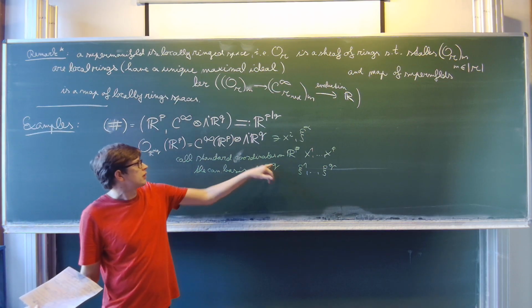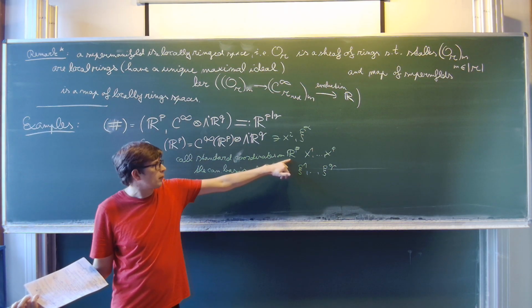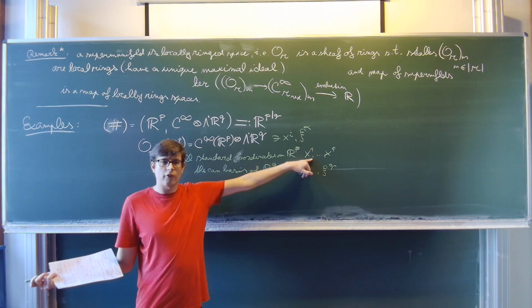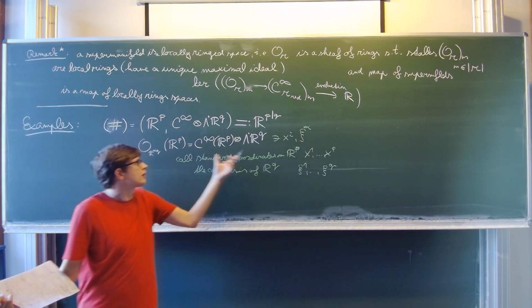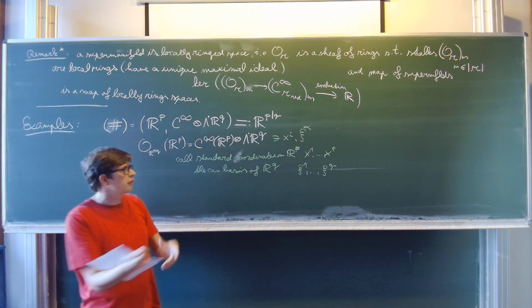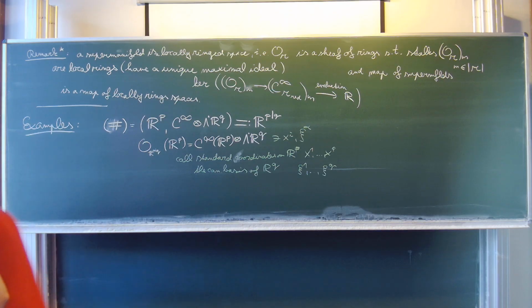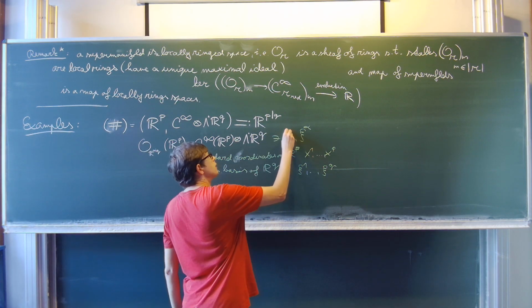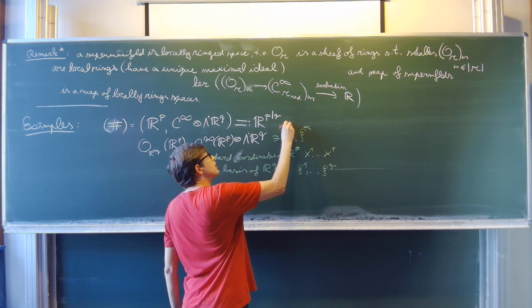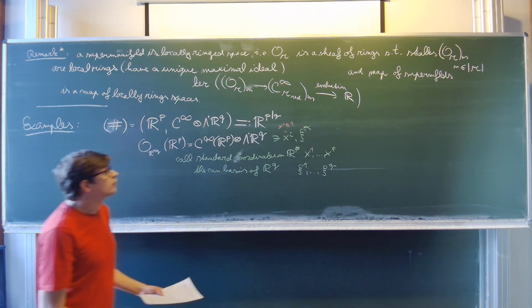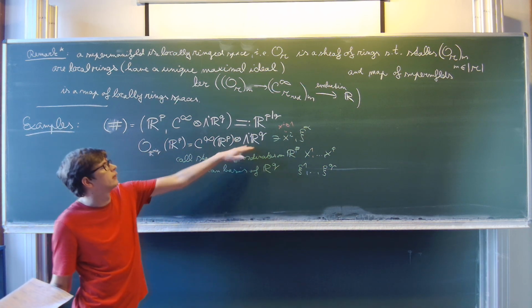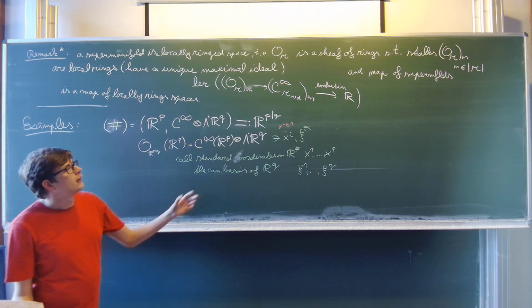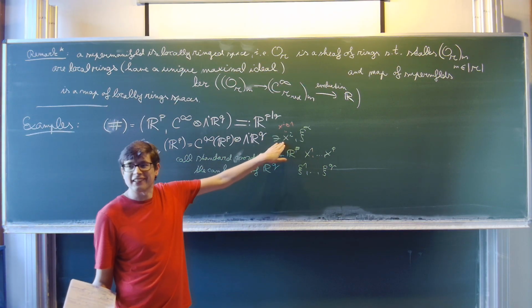Because coordinates on R^p are special types of functions on R^p, they live in this part. Technically, when I say xi, if you want to be rigorous at this stage, you should say that this means xi tensor 1. But I won't write that, I'll just write xi.